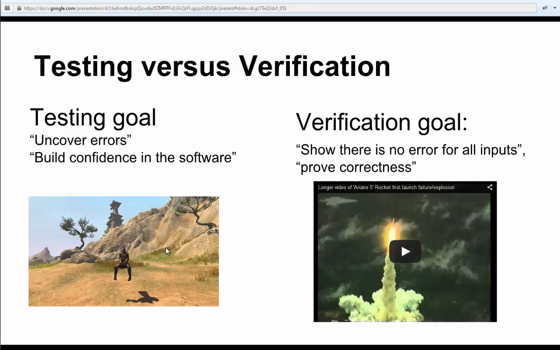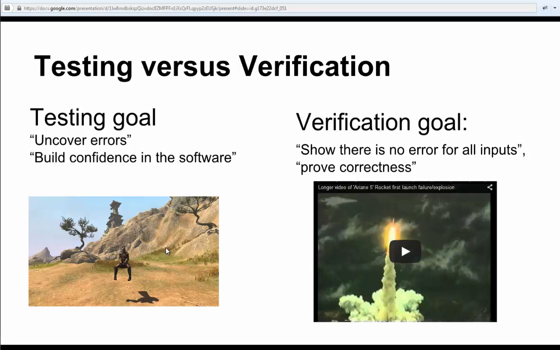If you want to put a multi-million-dollar rocket into the air, like this one, the Ariane 5 rocket, you might want to make sure that it gets up there into space and does not explode, right? So the goal of verification is to show that there is no error for any input, right?